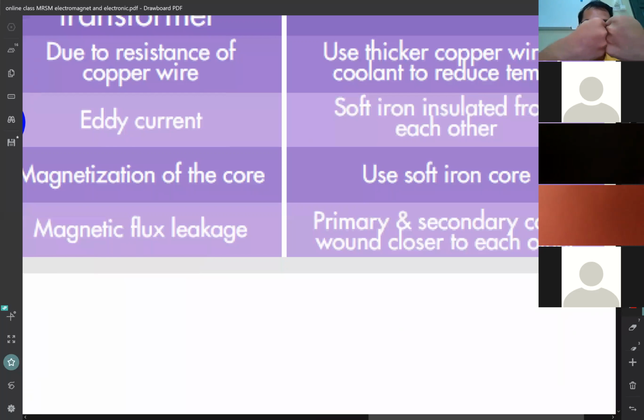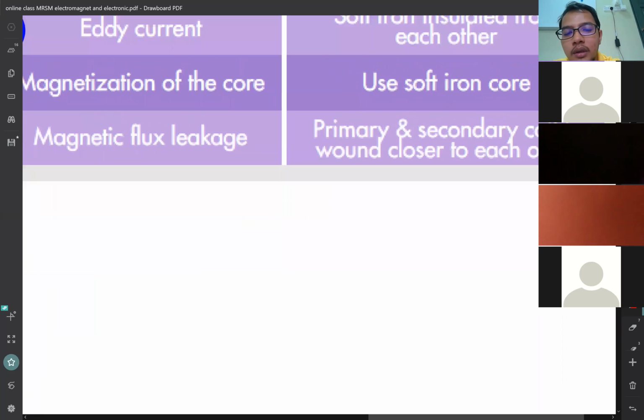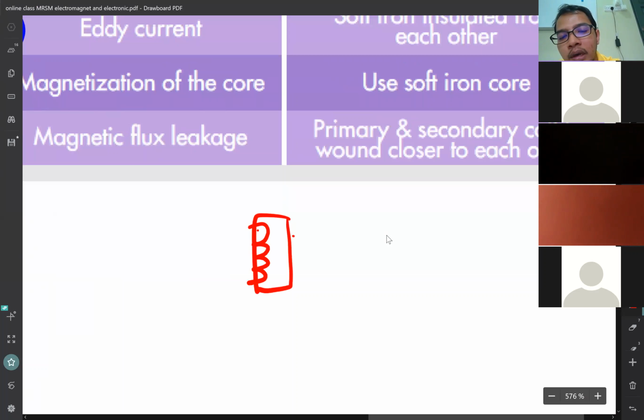So the primary and secondary are close together like this. This one is primary and this one is secondary, close together. That's the usual practice of a transformer.